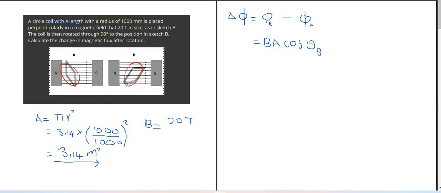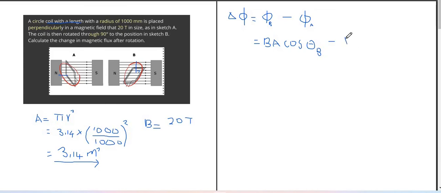To find this angle, like the last time, you realize that the normal is going to be up there on your circle. The angle between them is 90 degrees, meaning theta B is 90 degrees. And for this one, the normal is still in the same direction as the magnetic field lines.